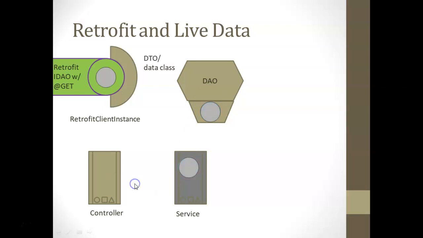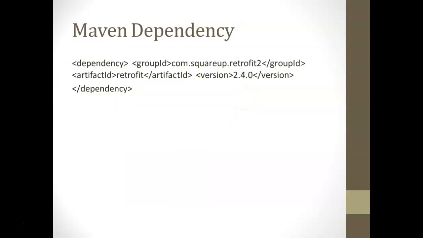So finally, what we'll find is that we're able to get our data all the way up to the controller, and then it's viewable by our user interface. The controller and the service are really a separate conversation from Retrofit. What I really wanted to show in this diagram is how the Retrofit client instance coordinates this interface DAO and this DTO type, along with our logical, we'll call it our plant DAO in this case, or our entity DAO if you want.